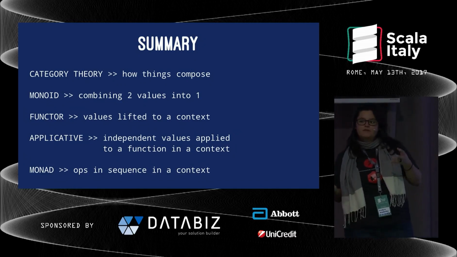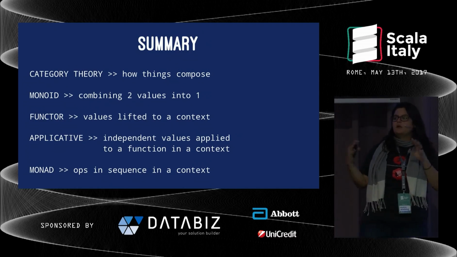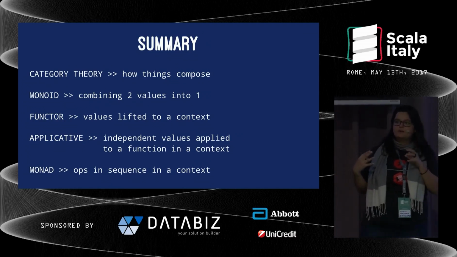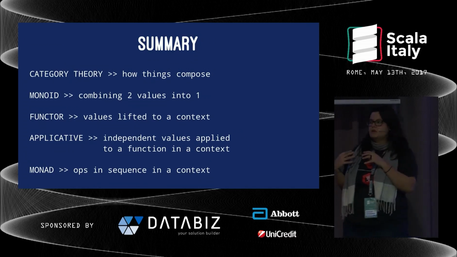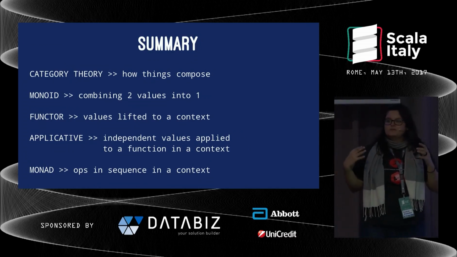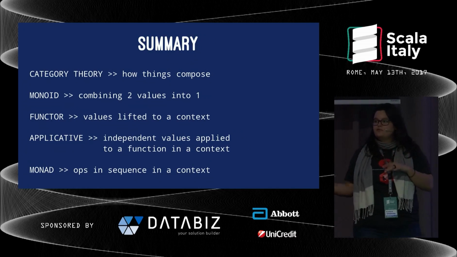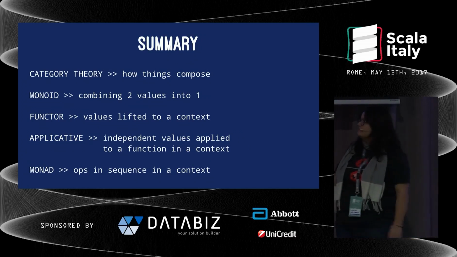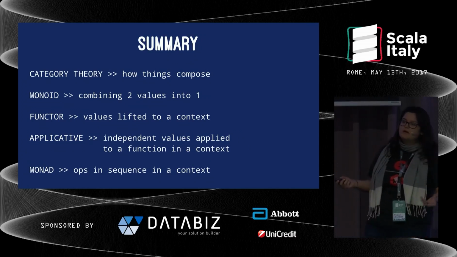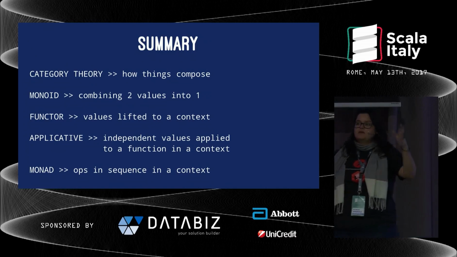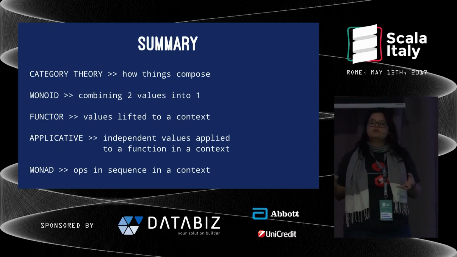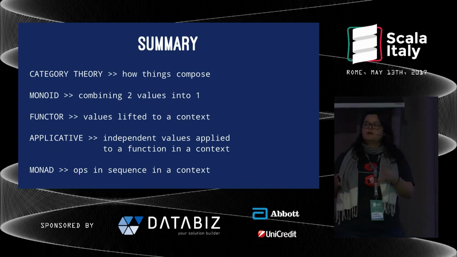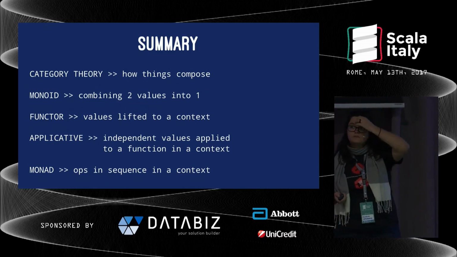And applicative is just a way of combining all these boxes together in a way that is completely independent, meaning the order doesn't matter. We are going to go through all of them no matter what. And finally, monad is just doing all these operations inside a box in a specific sequence.